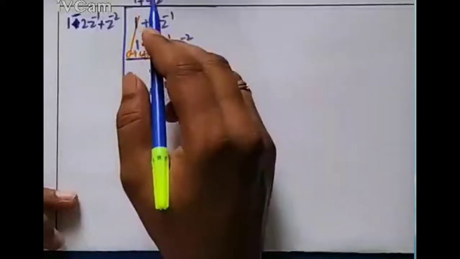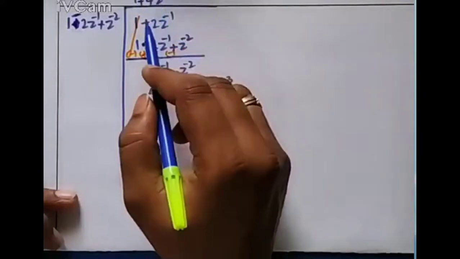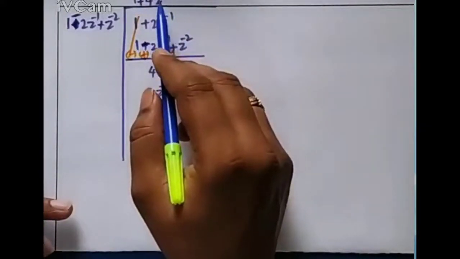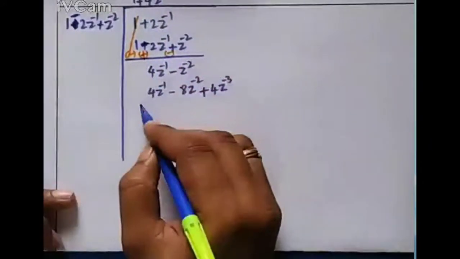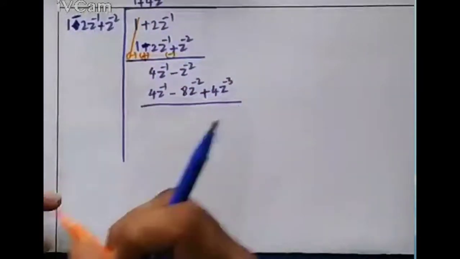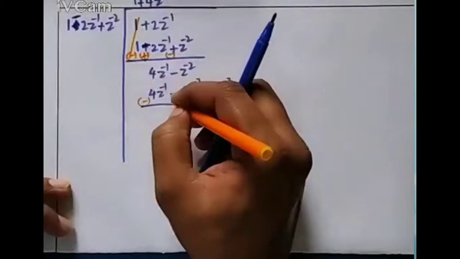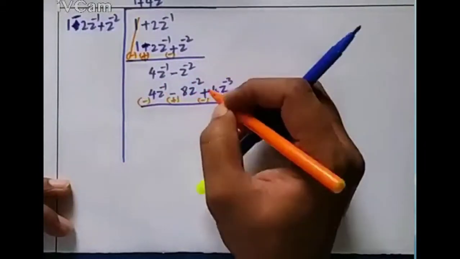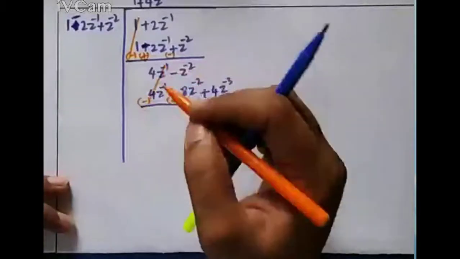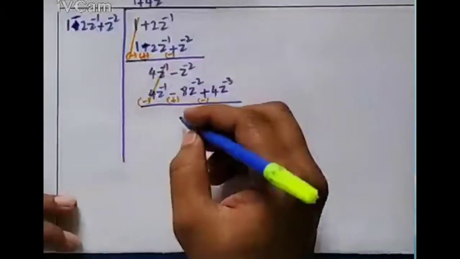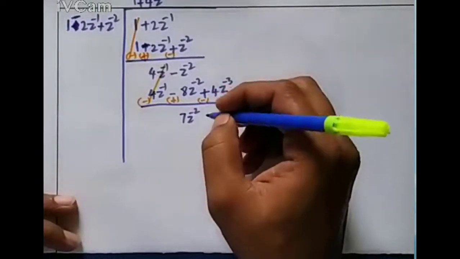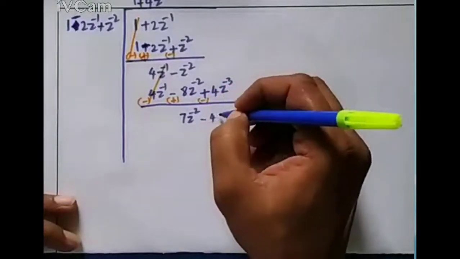Now whatever X(z) I am getting out of this division has negative powers of z. In that regard you can understand that this is a causal sequence. Again this will be negative, this will become positive, and this will become negative. So these two will get cancelled out. I will have 7z^-2 and this would be minus 4z^-3.